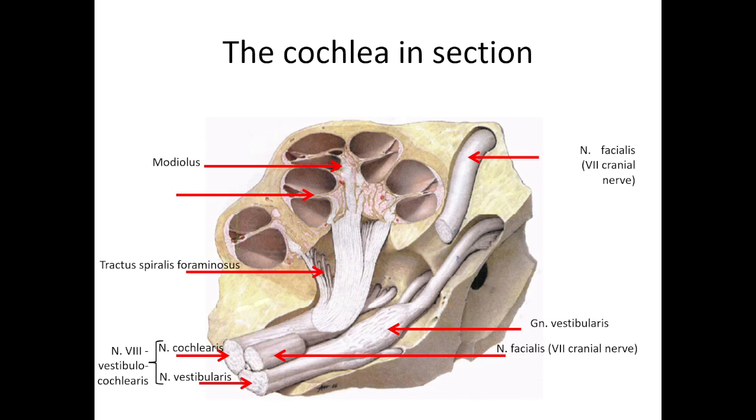And what is this? What do you think? It is lamina spiralis ossea inside of the cochlea, which divides each turn into two parts. This is the upper part, which is called scala vestibuli, and scala tympani, the second part.